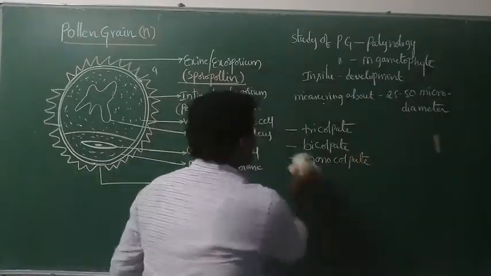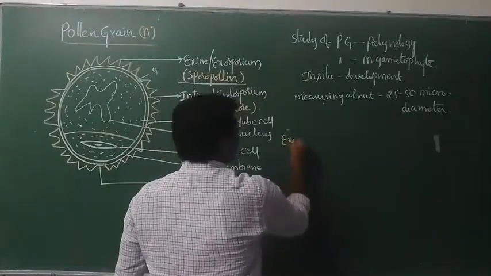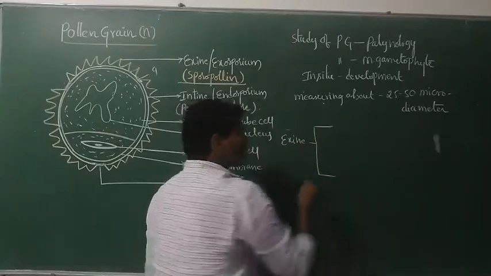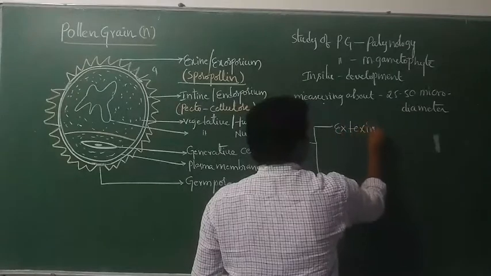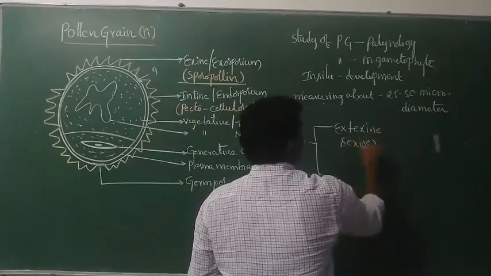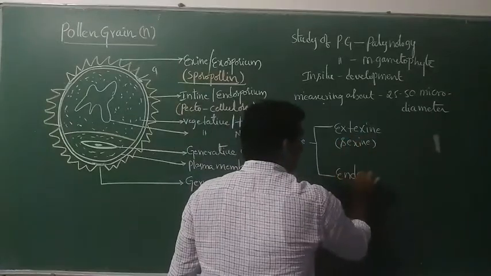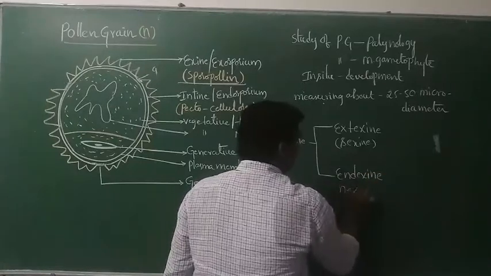The exine is mainly divided into 2 types. First one is ectexine, also called sexine. Second one is endexine, also called nexine.